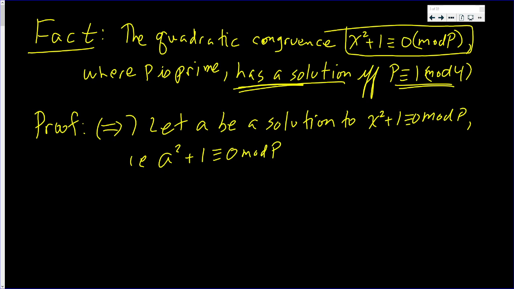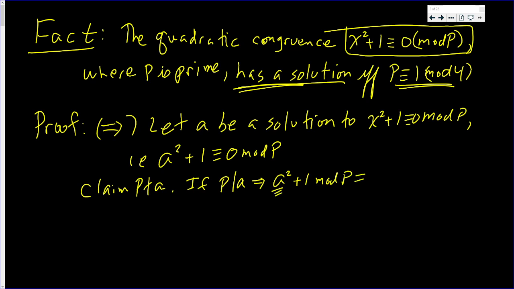Now, p does not divide a. I claim p does not divide a. If p did divide a, that would imply that a squared plus 1 mod p would be congruent to 0 plus 1, which is 1 mod p.